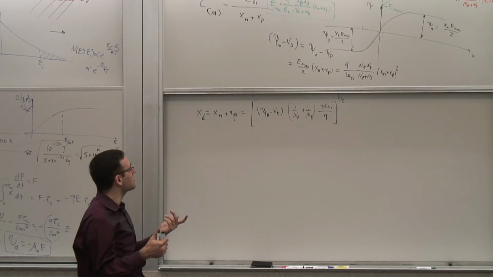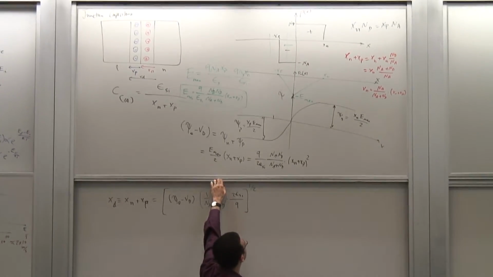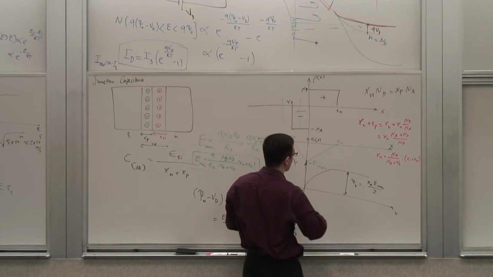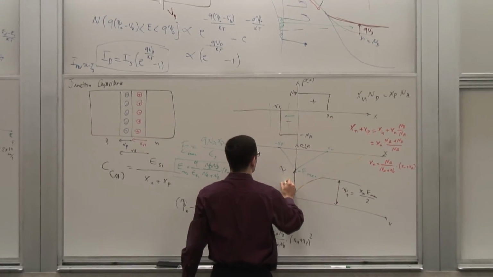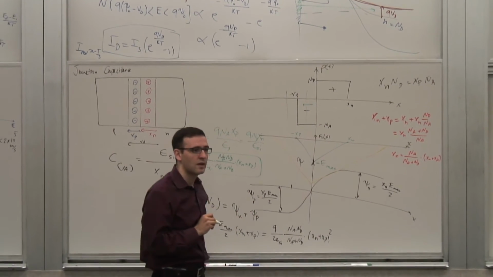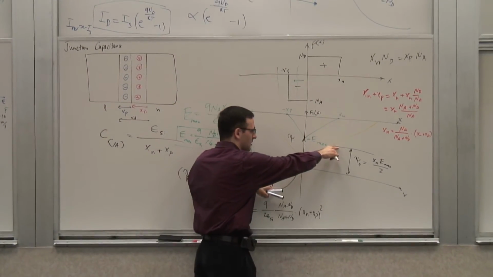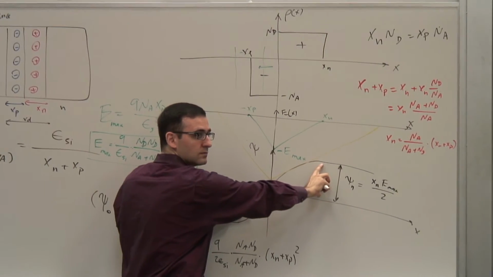And that should not be that surprising, because look at that picture. In this kind of junction, if I double the width of the depletion region, think about this. If I double the width of the depletion region, it would be here. Right? What have I done to the area under this triangle, which is this basic potential difference? The area under this triangle is the sum of these two.